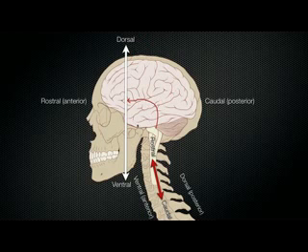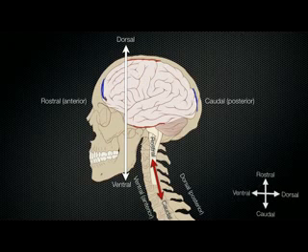So the ventral surface of the brain would be this surface here. The dorsal surface of the brain would be towards this surface. Caudal surface, or the posterior surface of the brain, would be this end, and the rostral or anterior surface of the brain would be towards this part here.